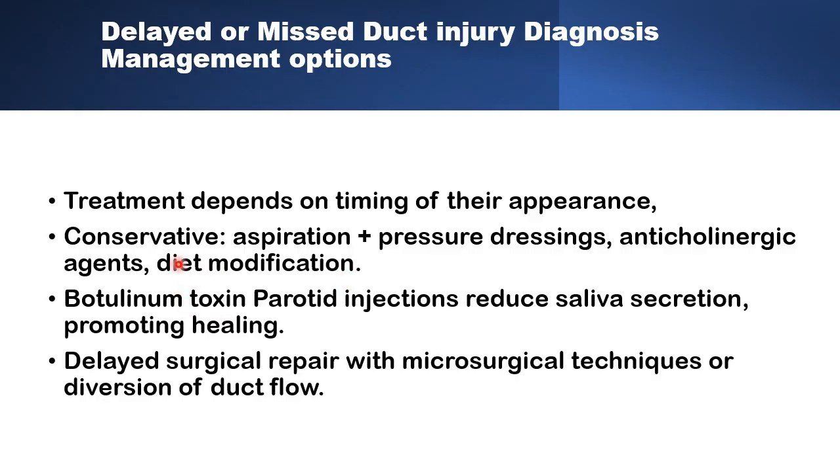The other option, if the conservative management fails, is to inject Botox into the residual parotid gland tissue, and this will reduce the salivary secretion and promote healing of the glandular drainage system. If this fails, then you are only left with delayed surgical repair with microsurgical techniques to either anastomose divided ducts or graft it, or even divert the duct flow through creating a window posterior to the natural drainage site in the oral cavity.